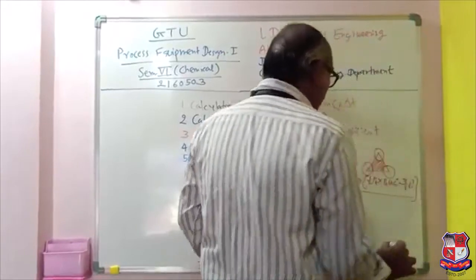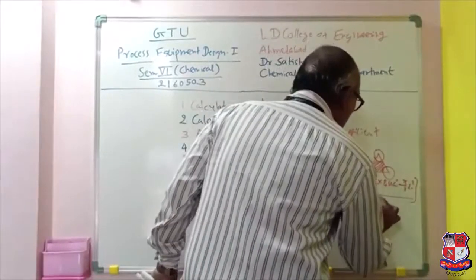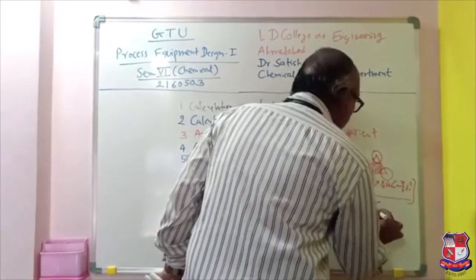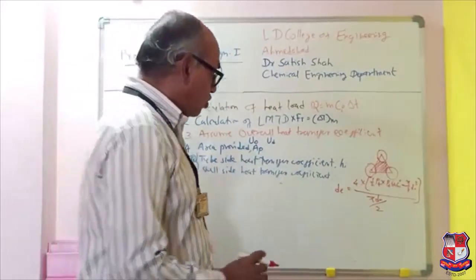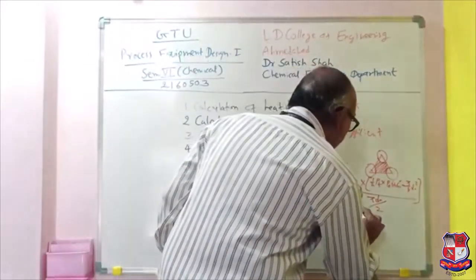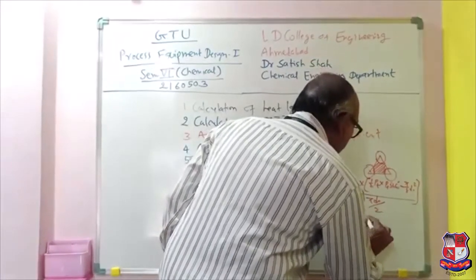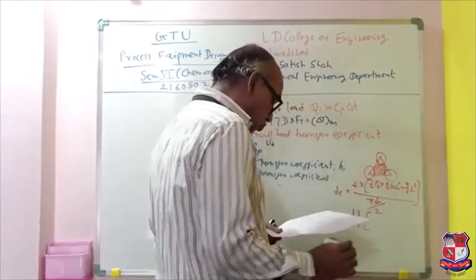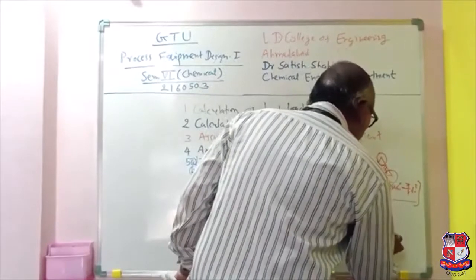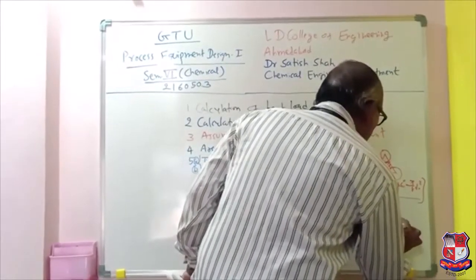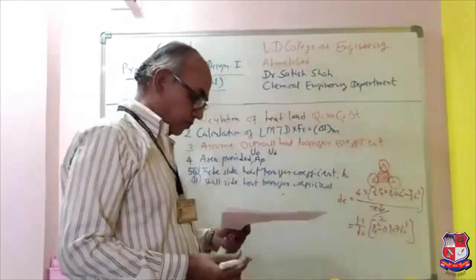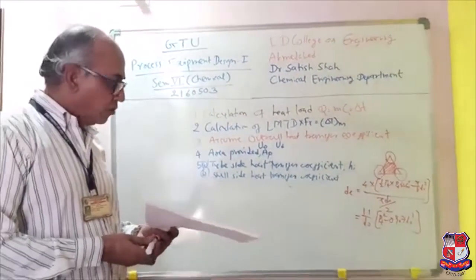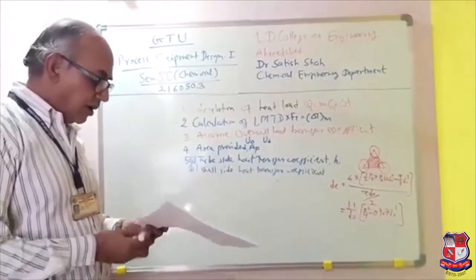And you divide by pi dO by 2, because again it is a half circle. If you simplify this, it will become 1.1 upon dO into PT square minus 0.907 dO square.